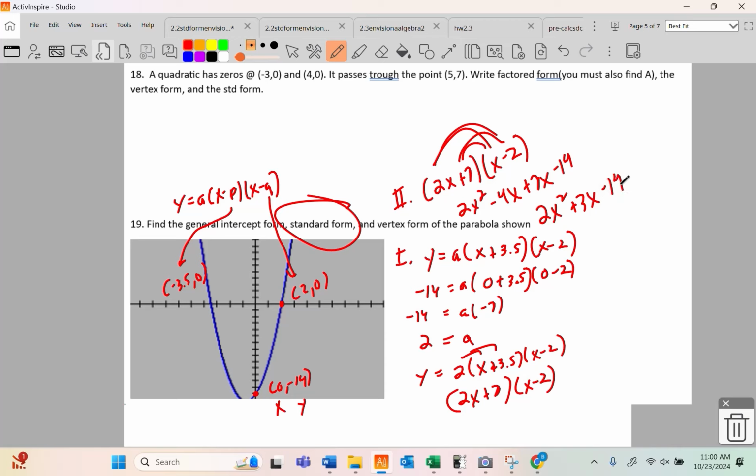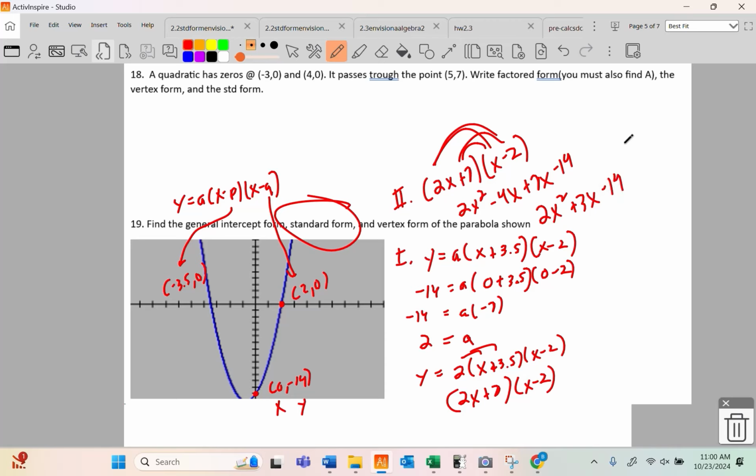All right, the last part is vertex form. I need some room here. Part 3, we want y equals a times x minus h quantity squared plus k.